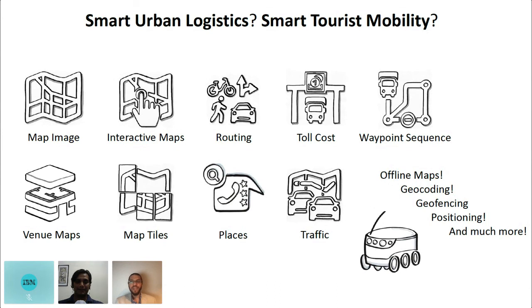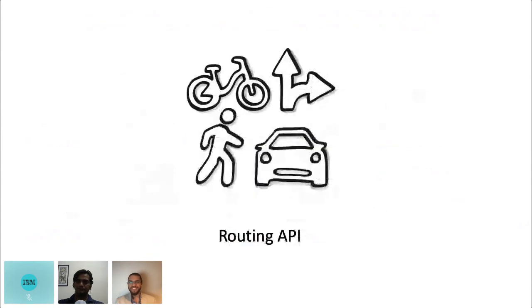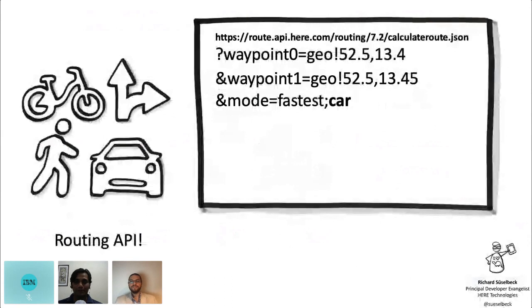Sure. When you talk about routing, it's basically taking you from point A to point B. Now, it sounds very simple, but if you talk about how you're going to travel from point A to point B, there could be a lot of ways. You can walk, you can take your own car, or you can go by public transit.